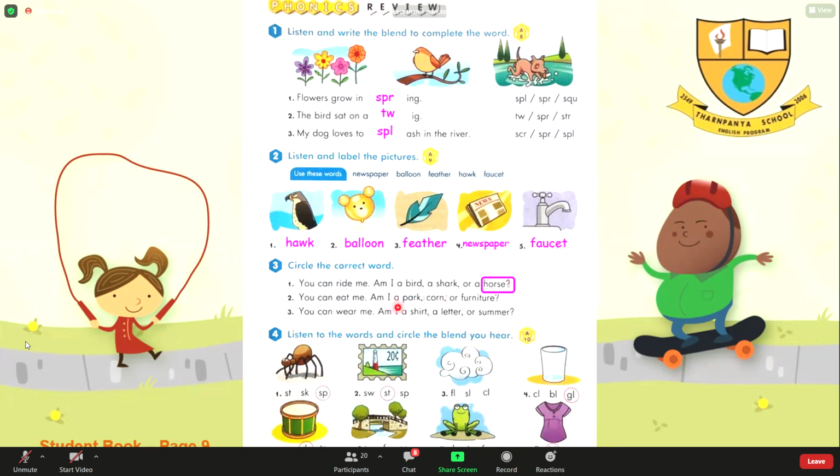Am I a park, corn, or furniture? What do you think? Corn. All right. So let's make a circle around the right word.